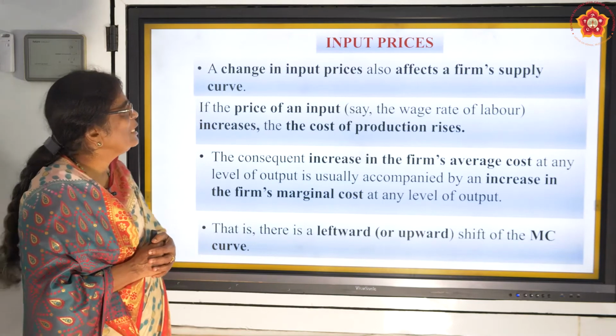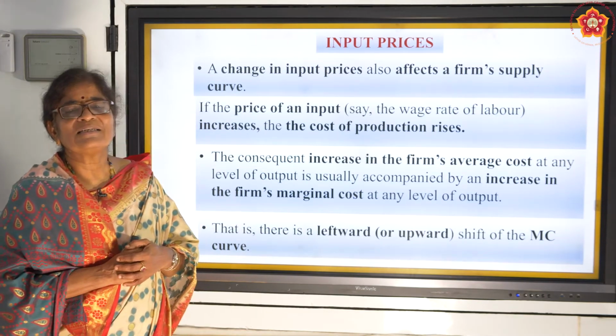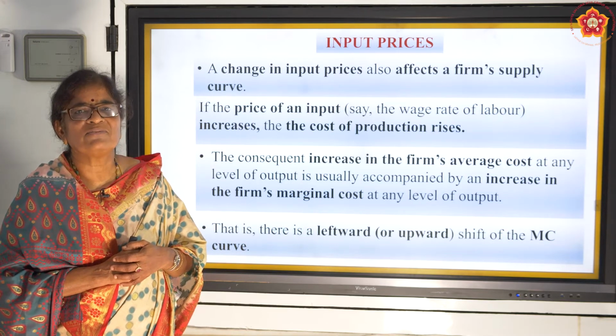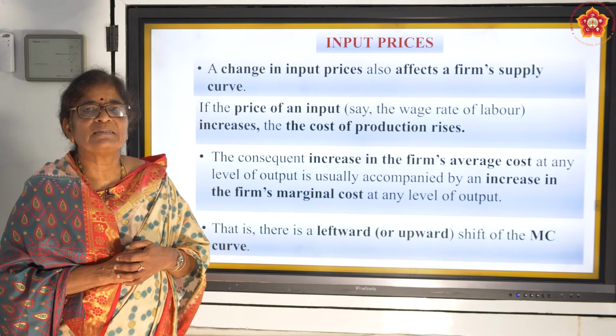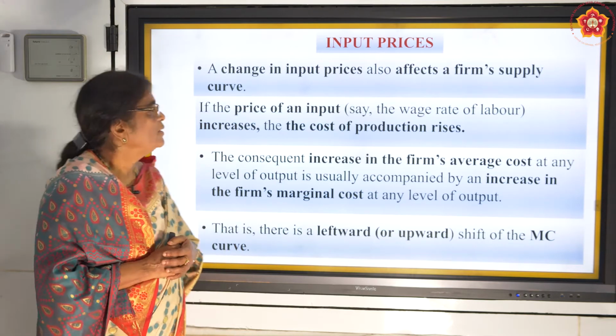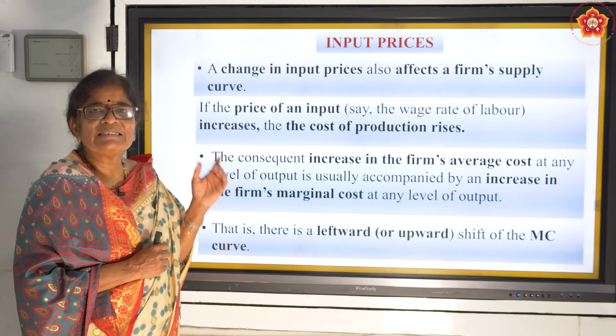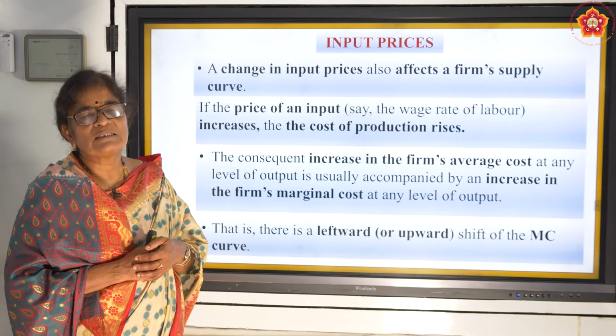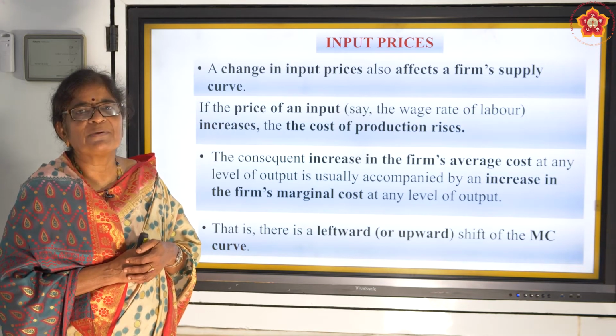Now we will go to input prices. We will see how input prices determine the supply curve of a firm under perfect market competition. With input prices, we will take the same example: the number of laborers used to transplant paddy seedlings in paddy production.